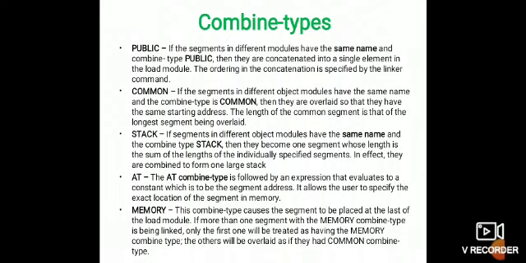Coming to the second combine type, which is common: if the segments in different object modules have the same name and the combine type is common, then these will be overlaid so that they have the same starting address, and the length of the common segment is that of the longest segment being overlaid.